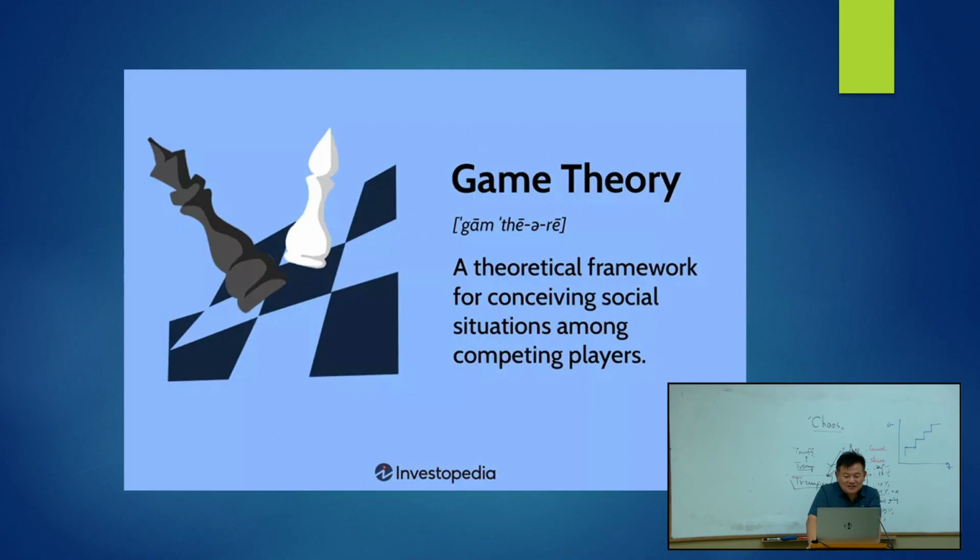It is the theoretical framework for conceiving social situations among competing players. This is game theory. For example, rock, paper, scissors. You know rock, paper, scissors? This is a competition, a play.